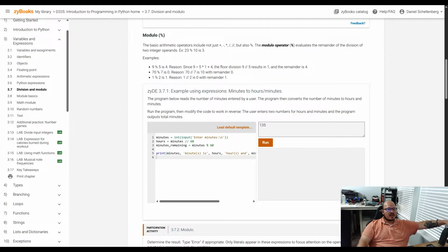Since 9 equals 5 times 1 plus 4, the floor division 9 by 5 would yield 1. So the floor division results in 1, and the remainder is 4.